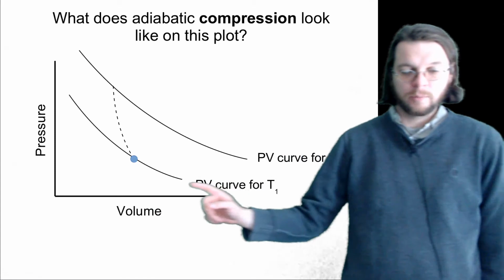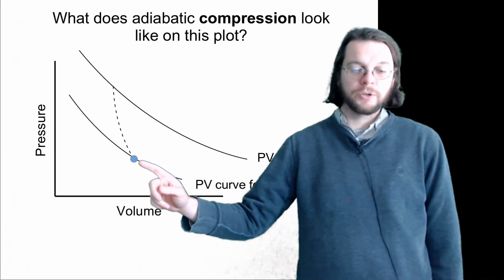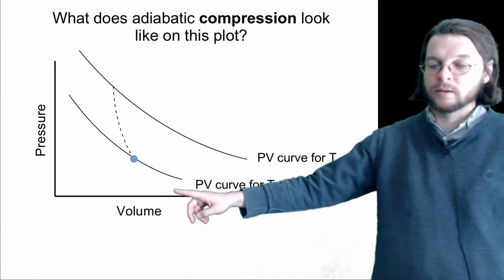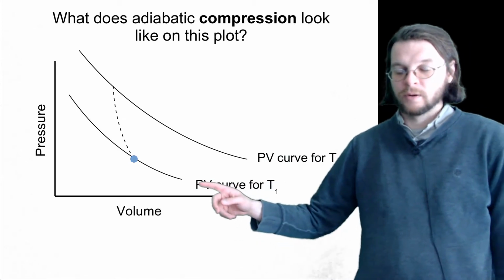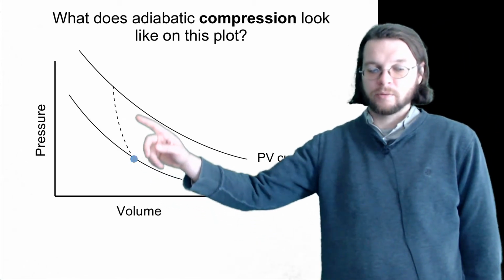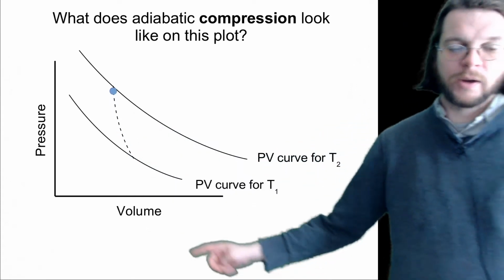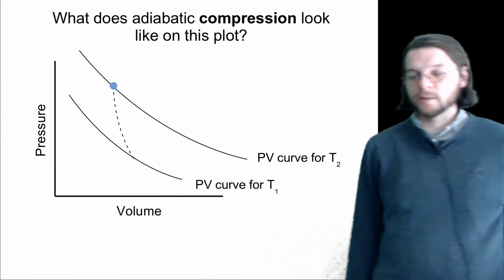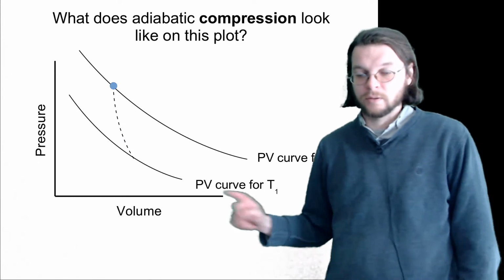But if you compress it so fast that both the pressure goes up and the temperature goes up, well, then you're not going to stay on this PV curve. Instead, you're going to rise up to this other curve, and so on the pressure volume plot, you're going to end up with something that's quite a bit steeper than it would be if it was just an isothermal process.